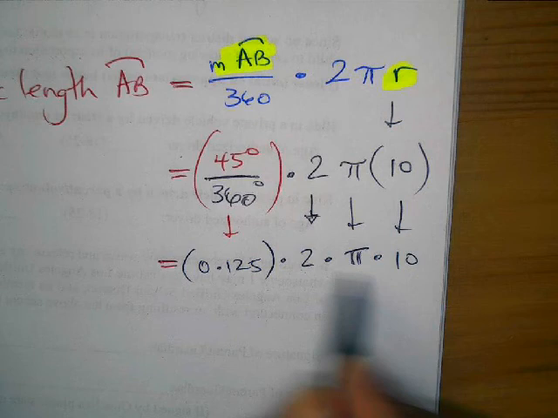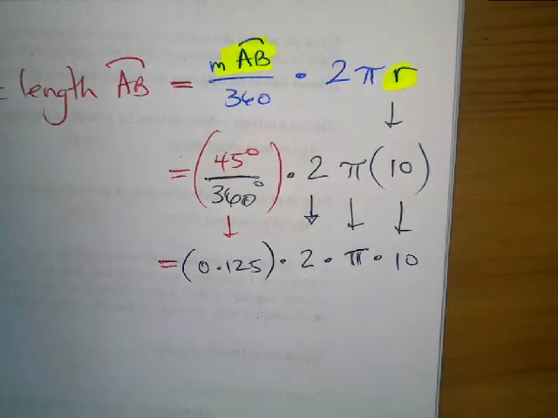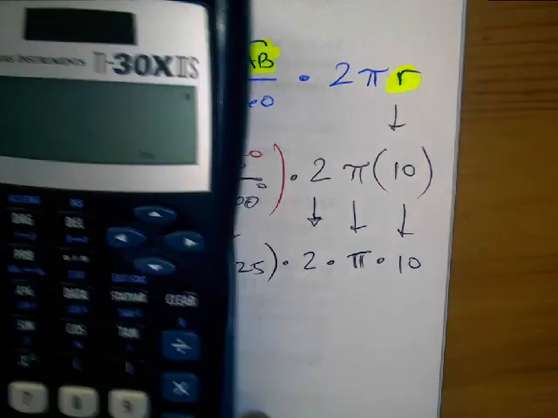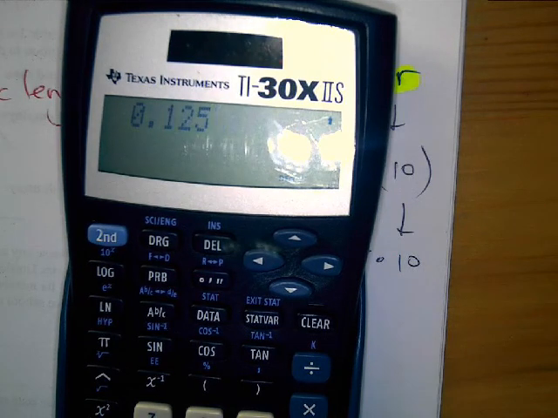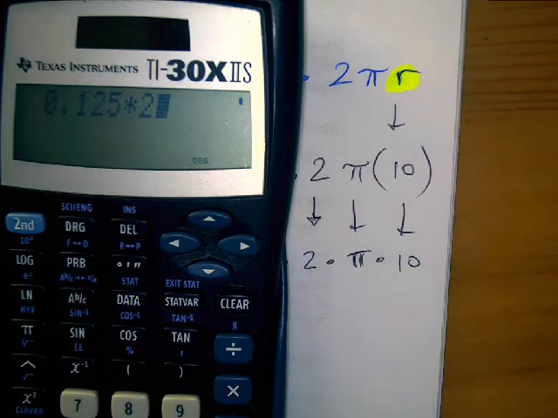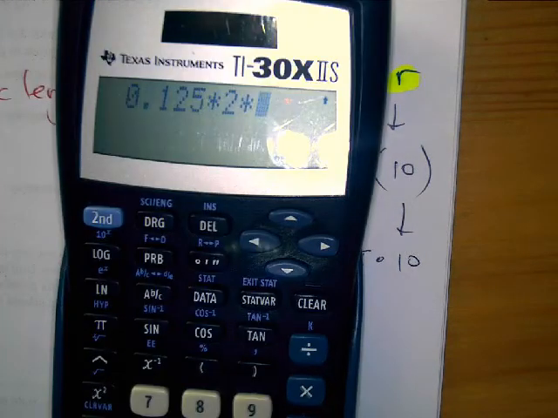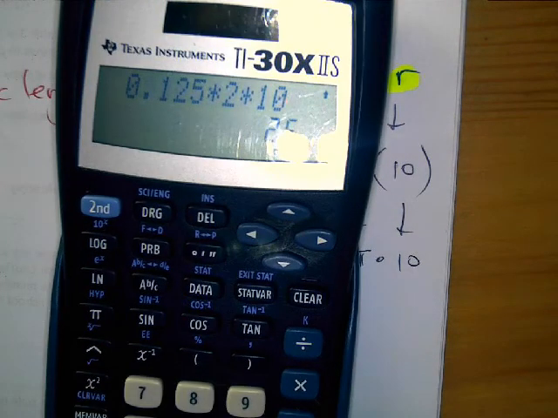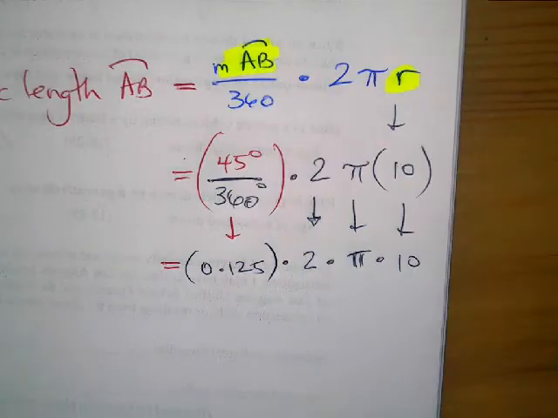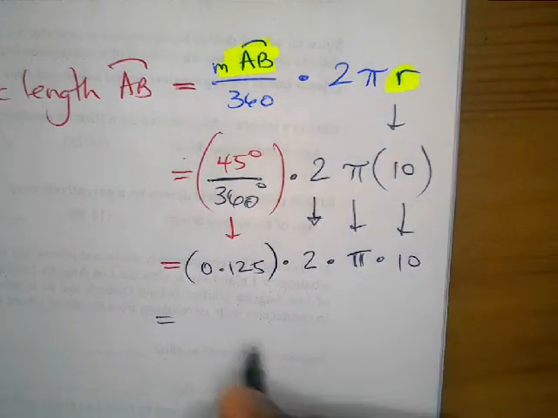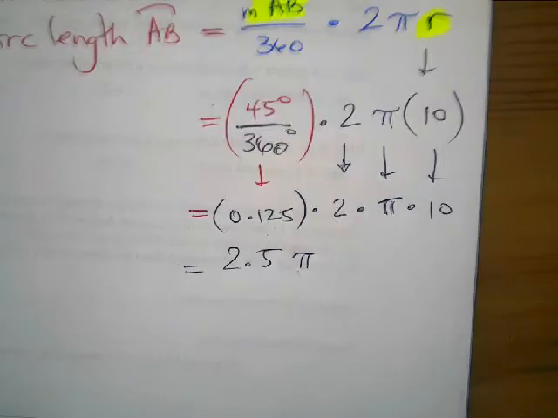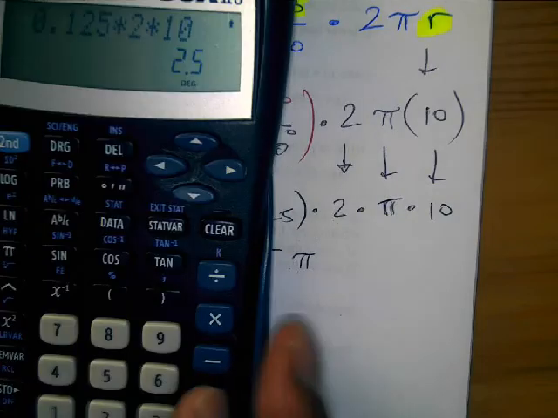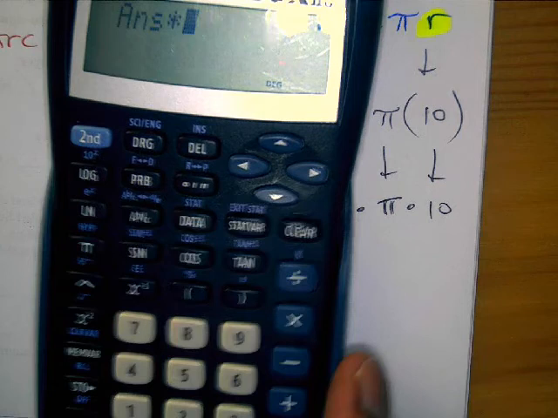Times 10. So let's get all the numbers out of the way, yeah? Let's multiply that. 0.125 times 2 times 10 is equal to, I get 2.5. I haven't multiplied the pi, so that's 2.5 pi.